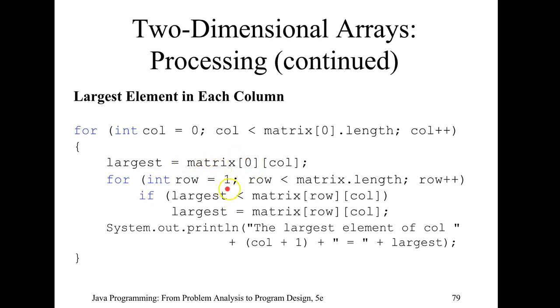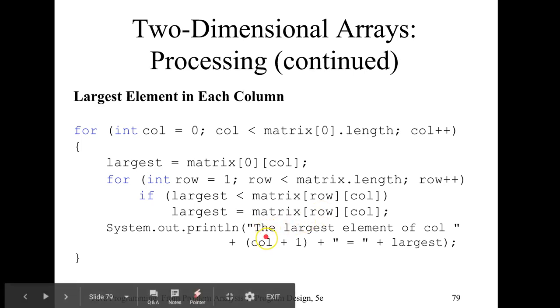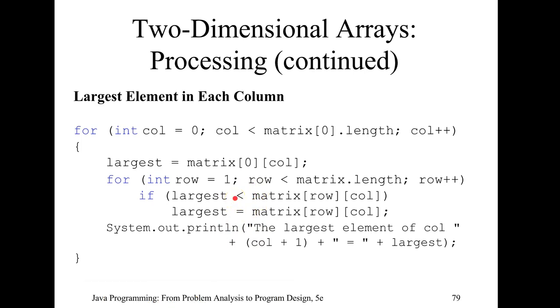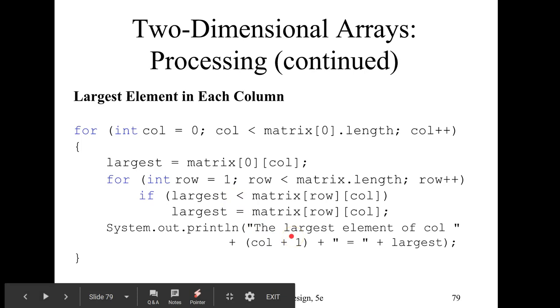As I go through the other rows at that same column position, I'm comparing, is it larger than what I have in largest already? If it is, then make largest to be what I've just found. And then once that inner loop is done, I have found the largest for that column, and I'll print out a lovely little message.